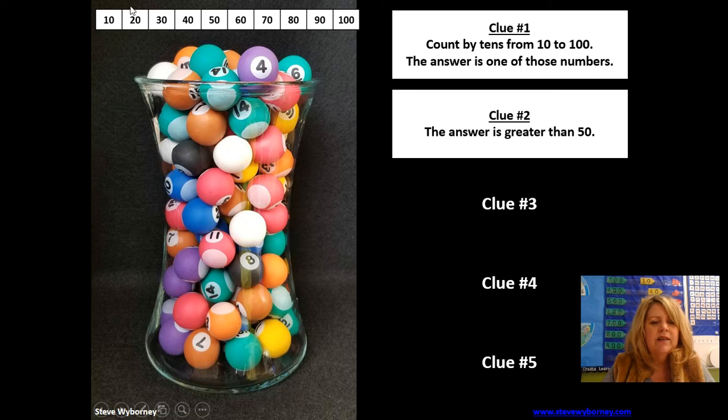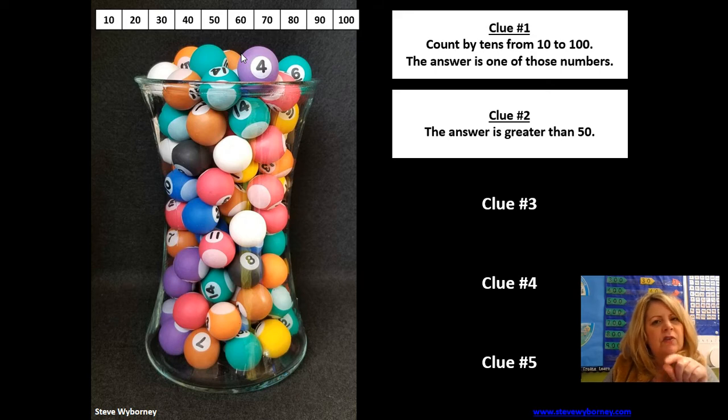I'm thinking 20 is not a possibility. I don't think 30 is a possibility because all these numbers are not greater than 50. And we need a number that is greater than 50. Yep, I'm thinking 40 is not a possibility anymore. And I actually don't think 50 is a possibility anymore because 50 is the same as 50.